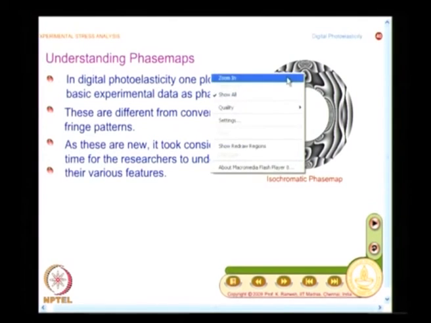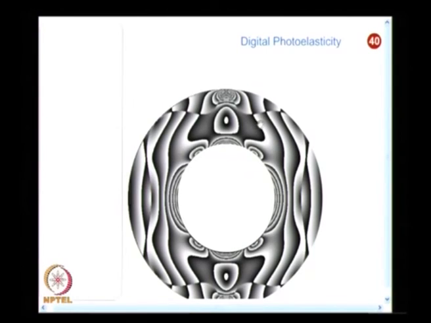This is one of the important aspects. I have intensity variation in one fashion here and in another fashion here, and this was a burning problem in digital photoelasticity. This change comes because the fractional fringe order sign changes, and this is also related to whether I find the sigma 1 direction uniquely on the domain, or the sigma 2 direction in some portions and the sigma 1 direction in others.